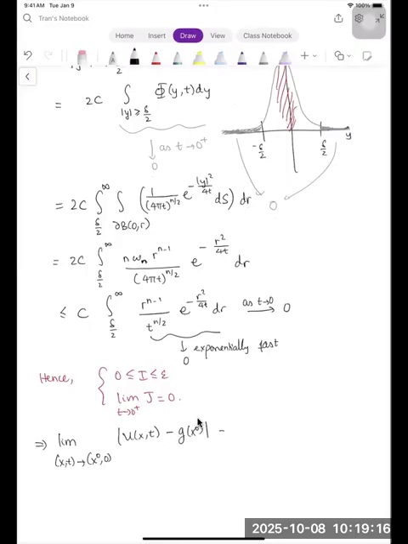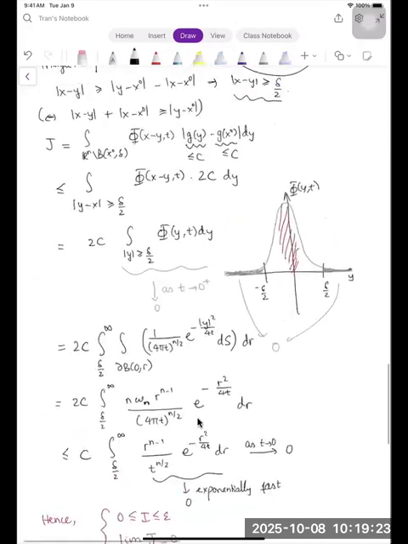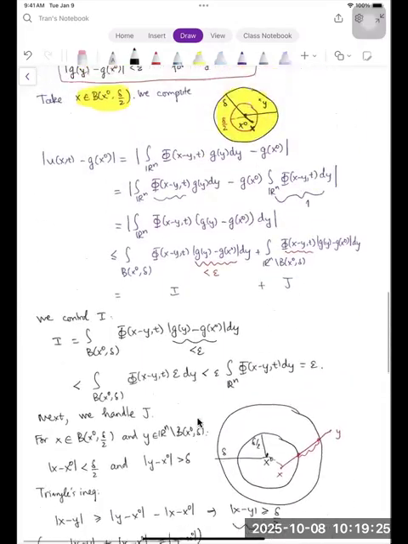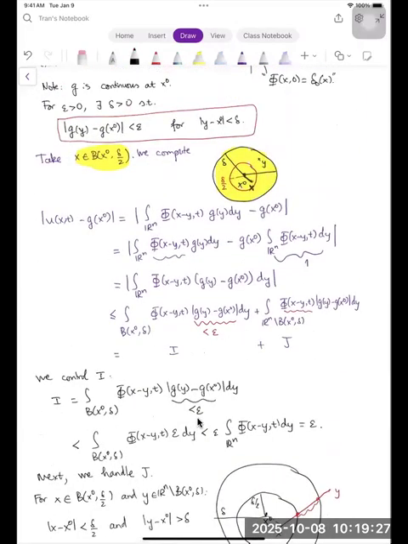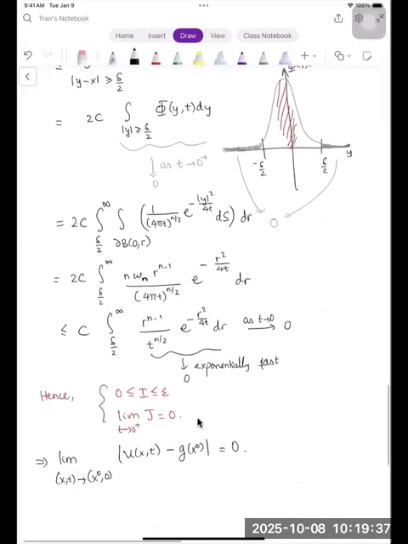This limit has to be 0, right? Because again, let me recall here, we said that u(x,t) minus g of x naught is less than or equal to I plus J. J goes to 0 and I is less than or equal to epsilon, and by letting epsilon go to 0, that is the conclusion of our theorem.